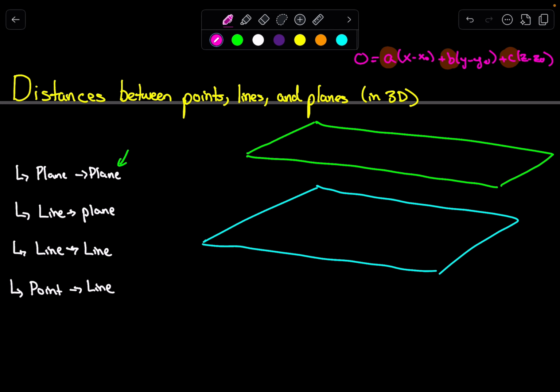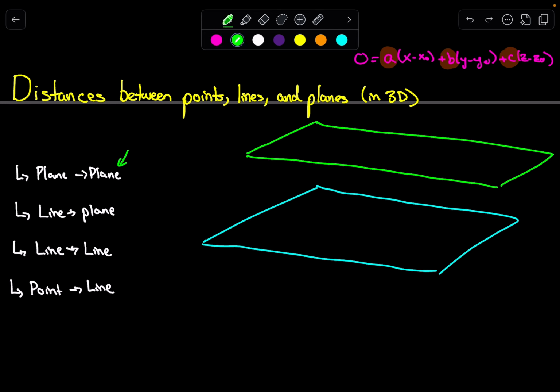So when you look at these, you should see that here's a normal vector pointed up like so. There's some n, and maybe this one has a normal vector that's way longer, but it's pointed in the same direction. Basically, these normal vectors are parallel to each other, and that will give us that these planes have to be parallel. And so from there, it's basically like the example we just did.